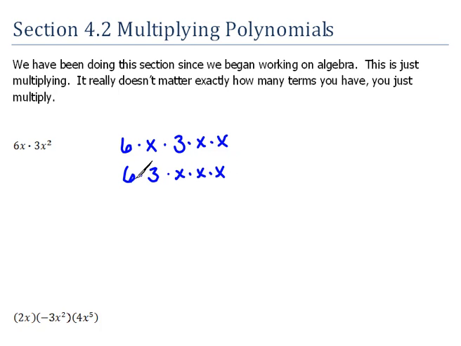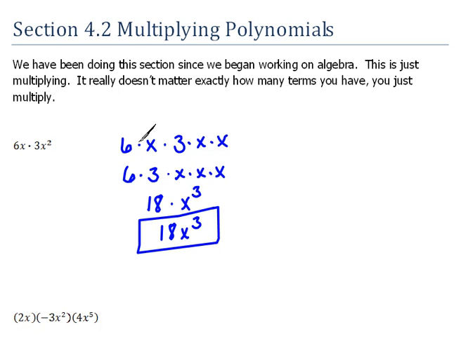So if I multiply these two numbers together, that would give me an 18. And if I multiplied x times x times x together, that would give me x to the third power. And then I could really write that as 18x cubed as our final answer.